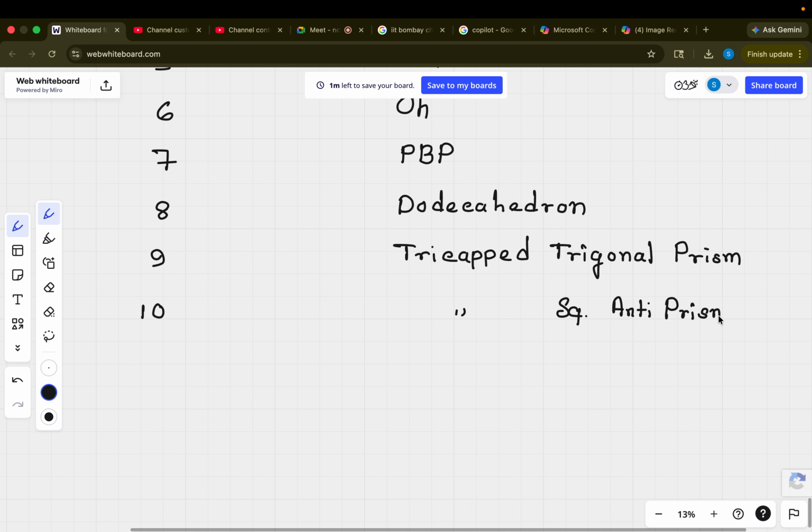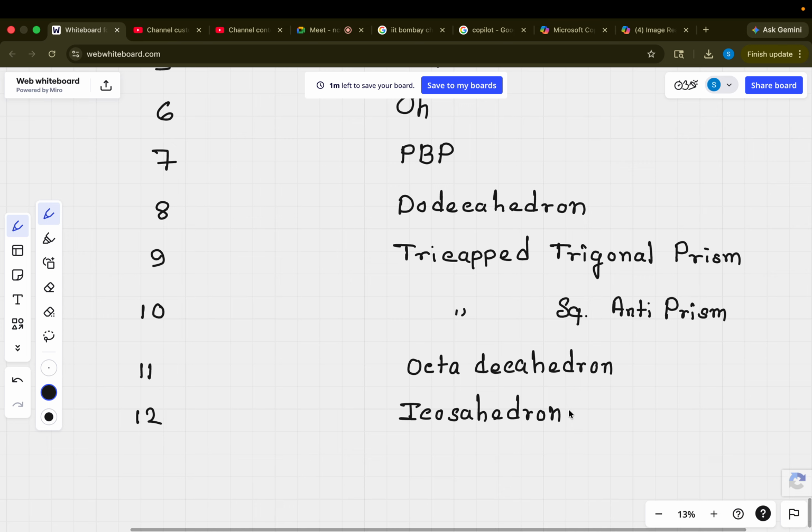If this value is 11, then it will be octadecahedron. And if it is 12, then it will be your icosahedron. So these are the structures you have to now know.